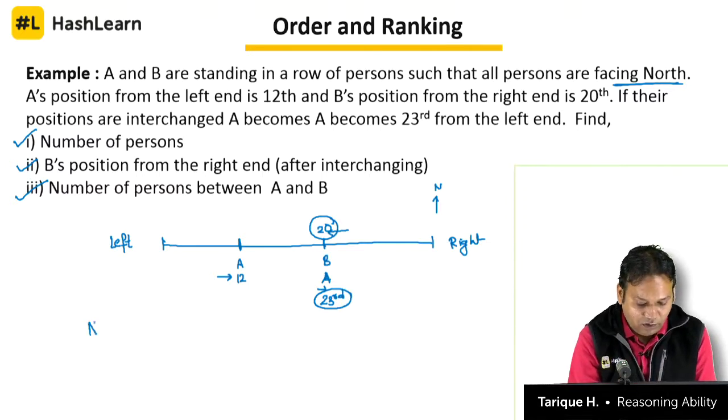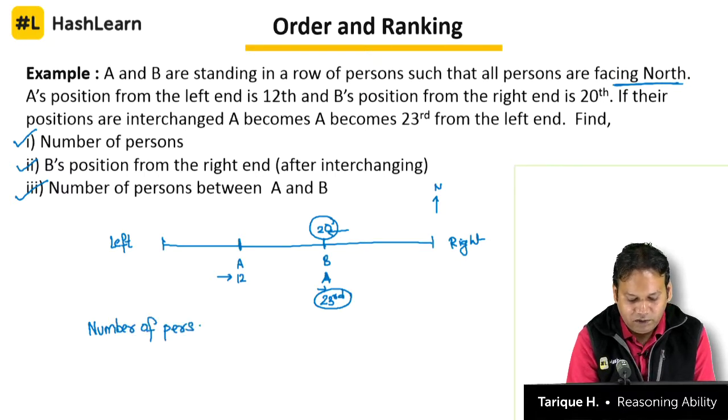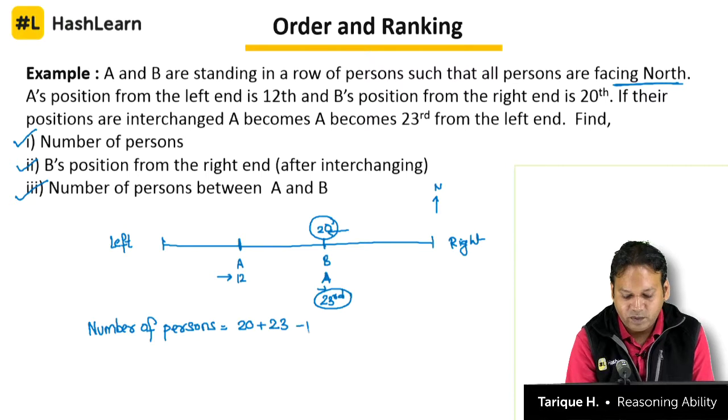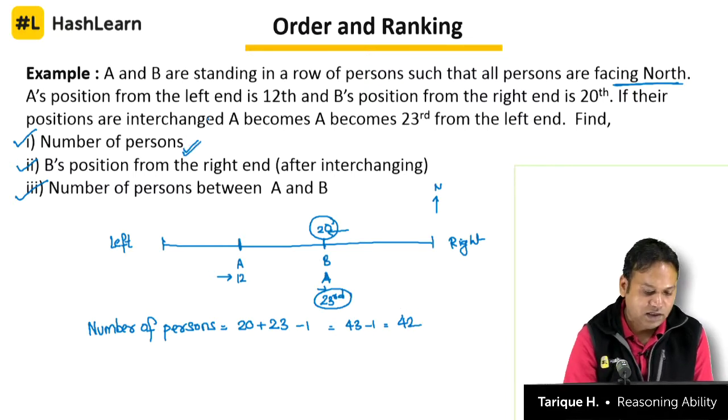So, number of persons will be equal to rank from right plus rank from left minus 1. So, 43 minus 1, there are 42 persons. So, that is the first answer.